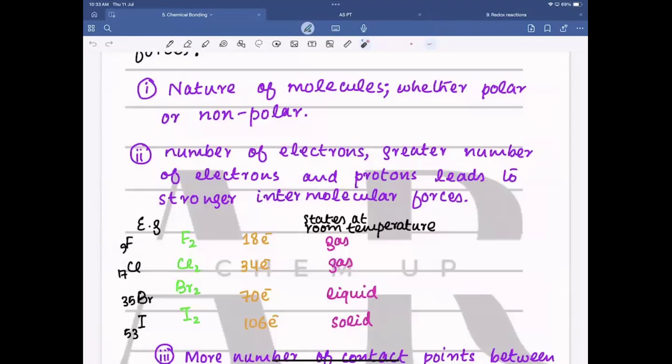So if they ask you why there is a difference between the physical properties, like the melting point and the boiling point or the state of two different substances, then it means you have to explain it in terms of intermolecular forces.